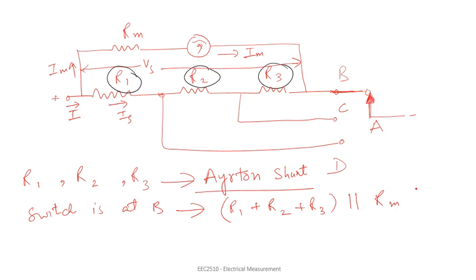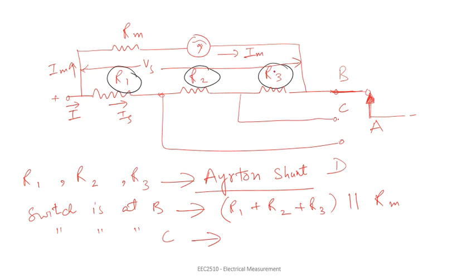Now take another situation when the switch is connected to point C. If the switch is at point C, what will be the change? You can now see that the resistance R3 is in series with the meter.